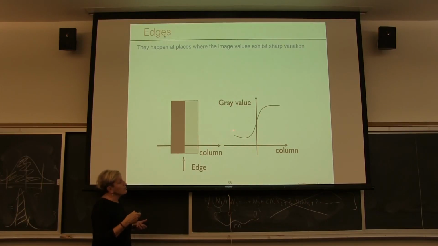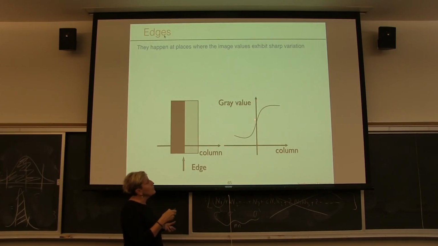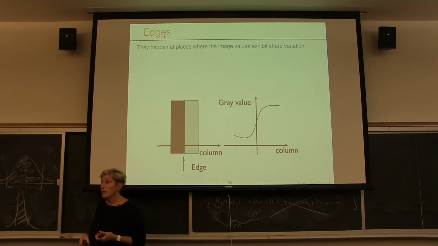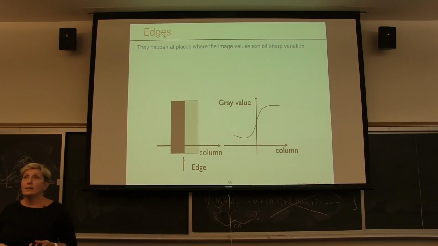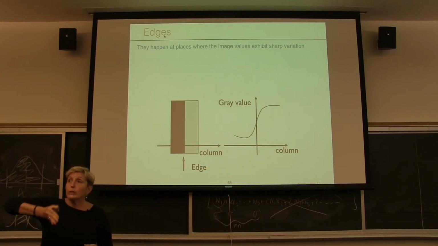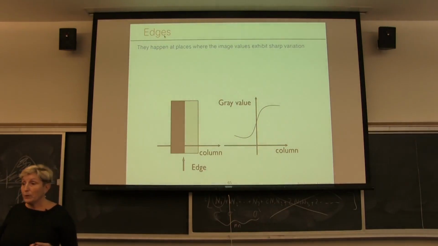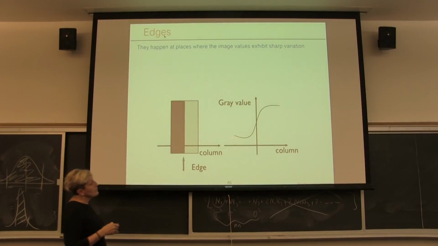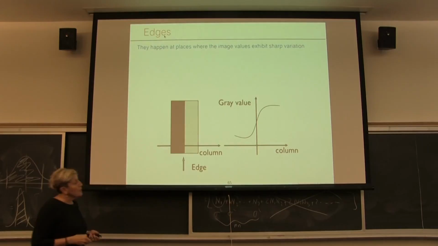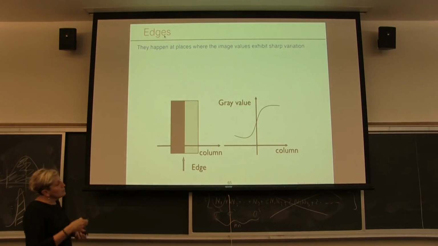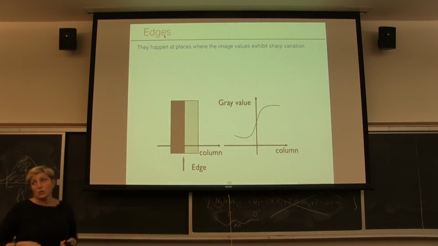So I drew something that starts low and goes high, okay? And I didn't draw it as a very sharp vertical cliff because real images don't happen to be like that. Real images are already a little blurred, okay? So I have a transition from here to there, okay?